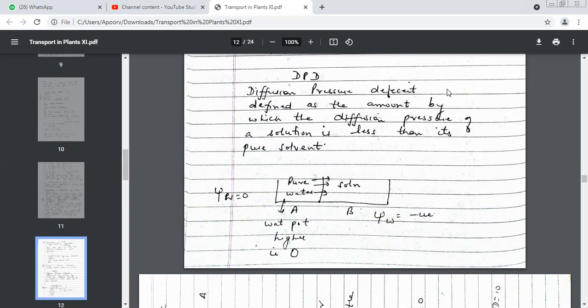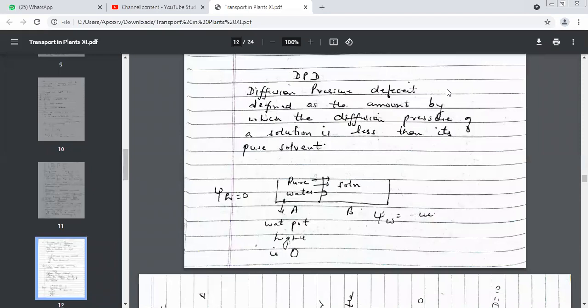Please read it. Okay, have we read the definition of diffusion pressure deficit?